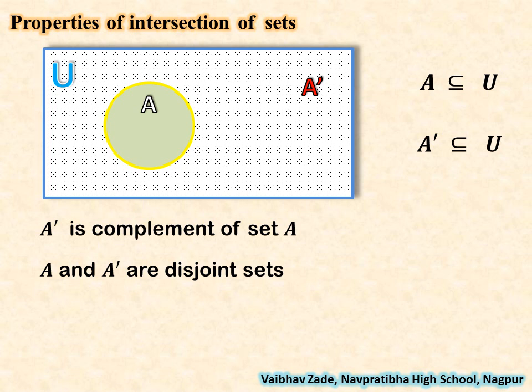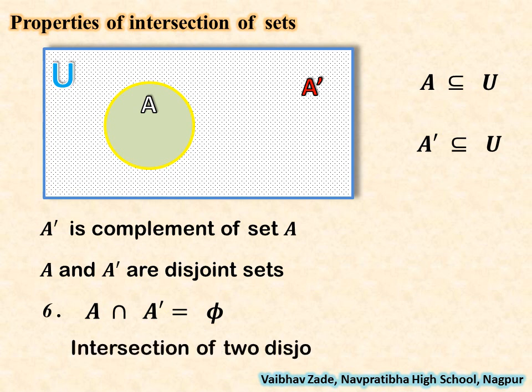So what is the intersection of these two sets? A intersection the complement of A is always the empty set because both have no common elements, and as we said, the intersection of two disjoint sets is always the empty set.